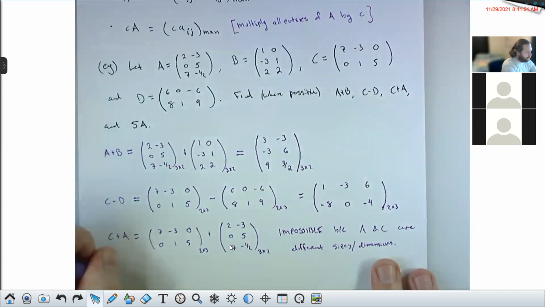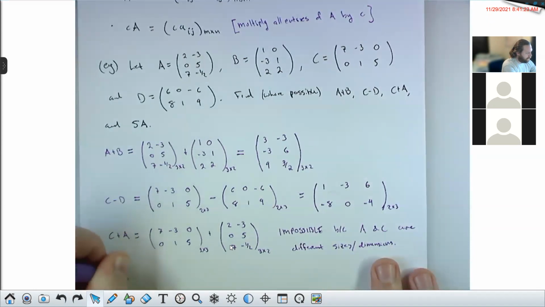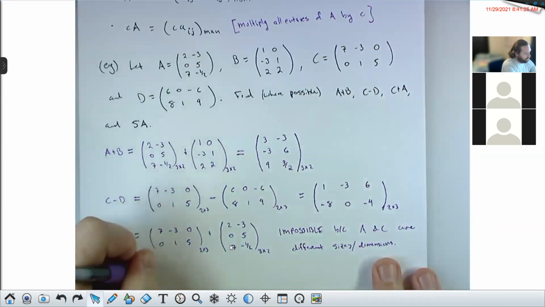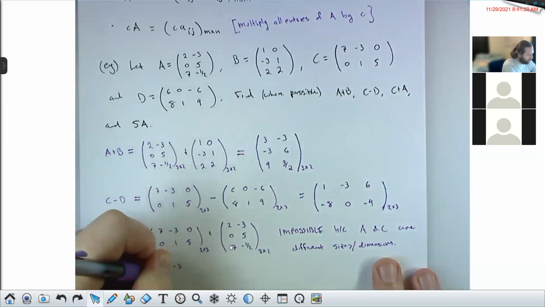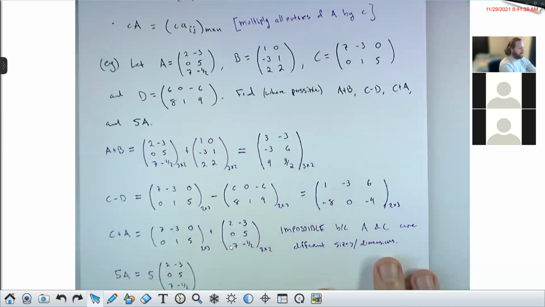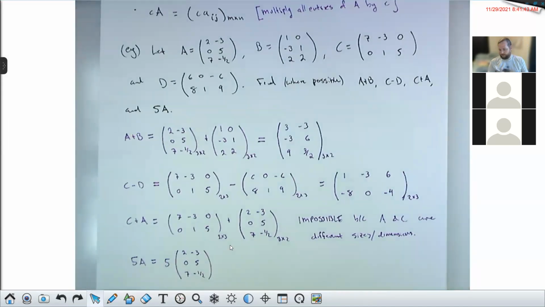The last thing I wanted to compute here was 5A, which is 5 times the matrix 2, -3, 0, 5, 7, -1/2. This operation is called scalar multiplication, or multiplication by a constant.